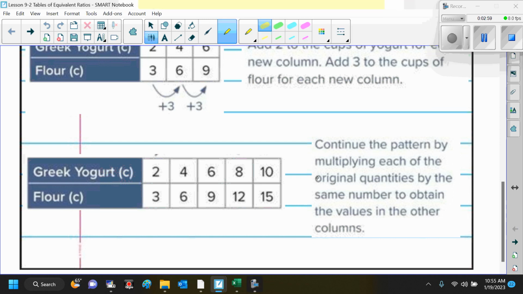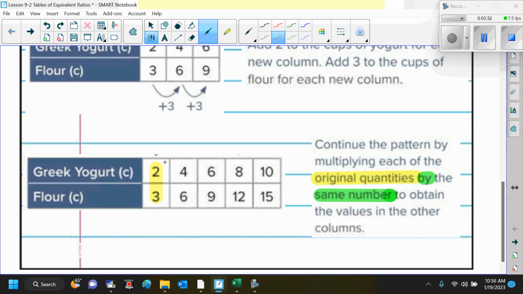So we're going to multiply the original quantities by the same number to obtain values in other columns, okay? So the original is 2/3. And you guys should be writing this down in your notebook. I would write this one down, this table, the Greek yogurt and the flour.